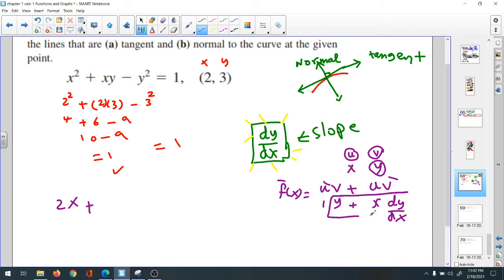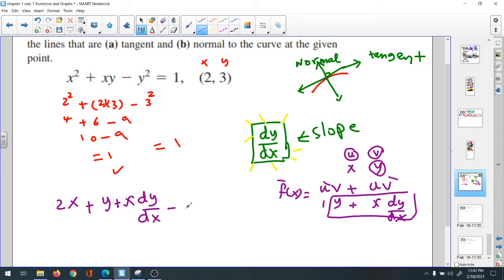So we will substitute for that. Instead of xy, we put the derivative. It will be y plus x dy over dx, minus. Now we're going to find the derivative of y squared.